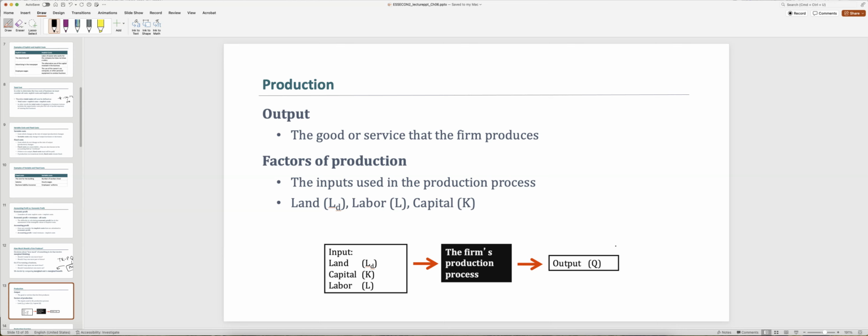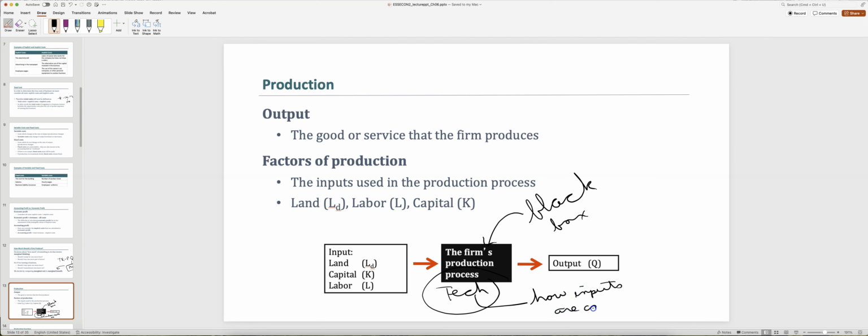And there's a reason why this is black. Economists like to call this the black box. The reason is because this is where technology exists. Technology for an economist is the notion of how inputs are combined.